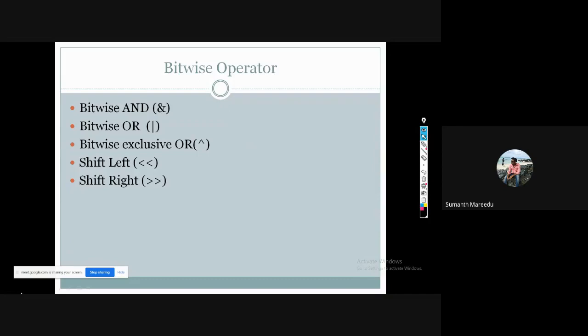So before starting these bitwise operators, first of all we'll see the representation of your numbers.